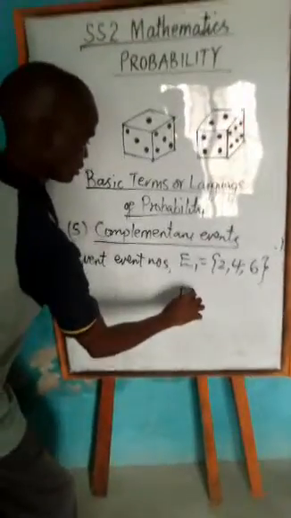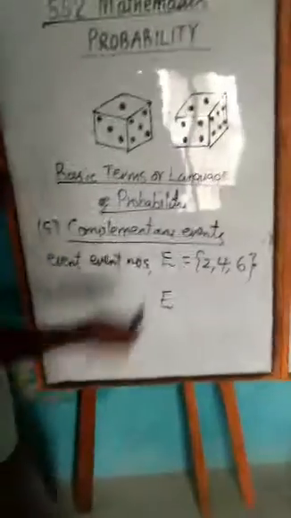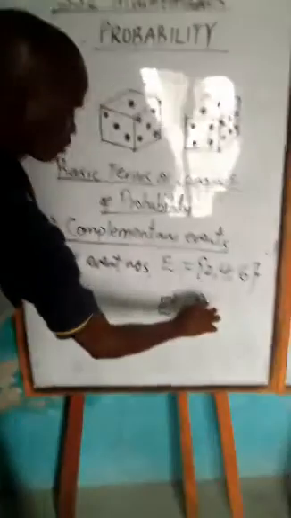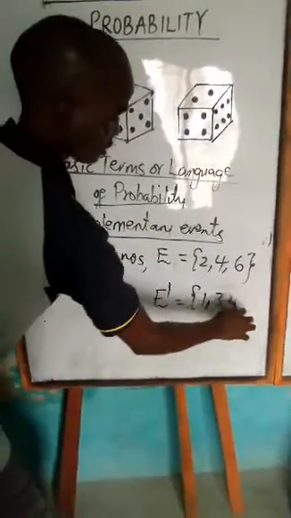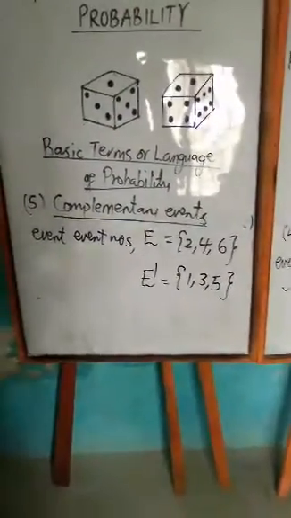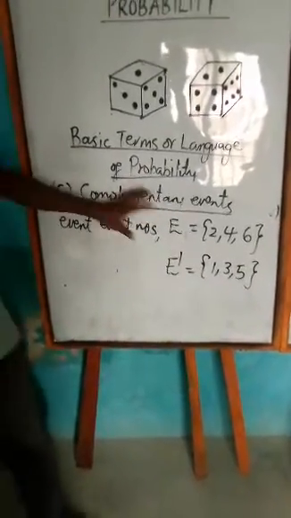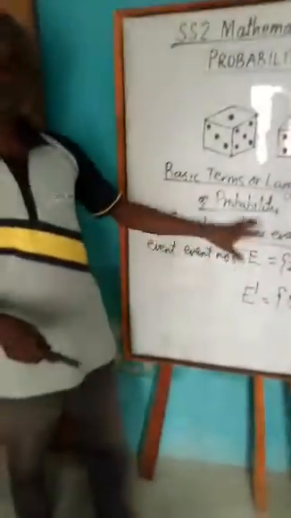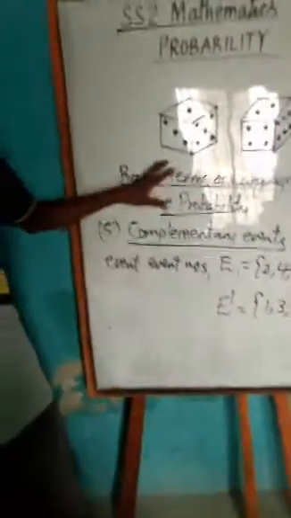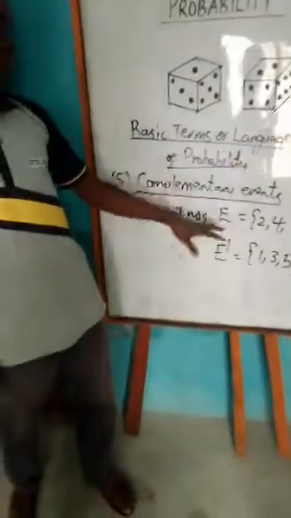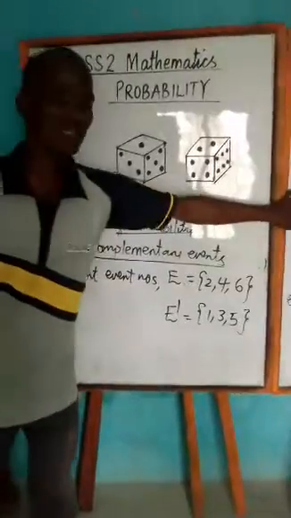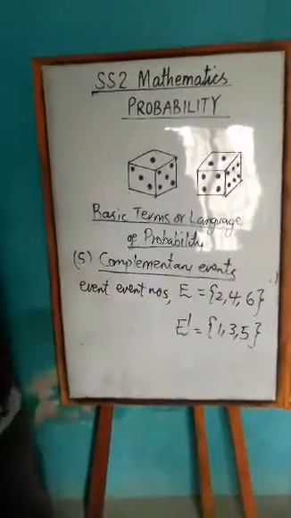So I can call this, let me just use E here. So E complement will be 1, 3, and 5. Okay, so complementary events are complementary sets such that the universal set, the sample space, serves as the universal set.